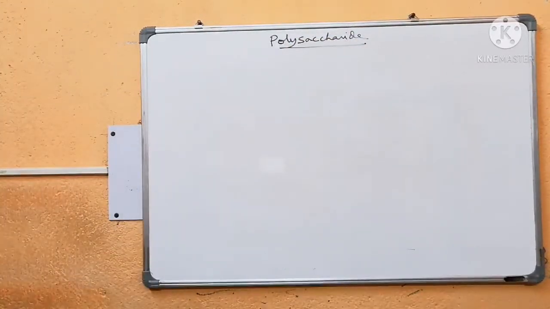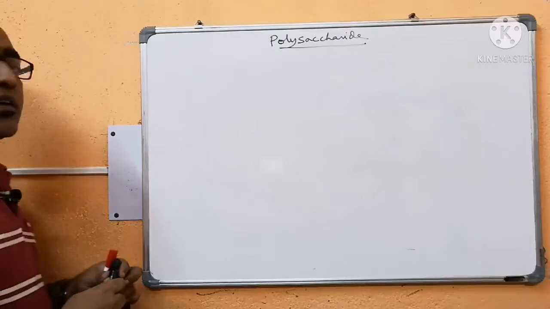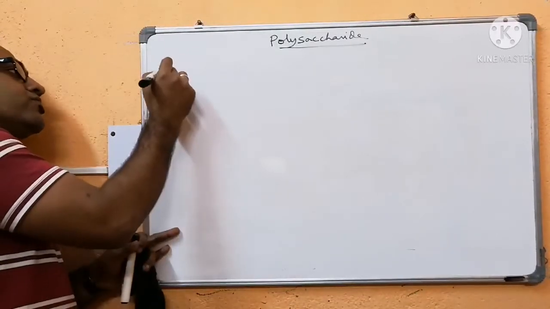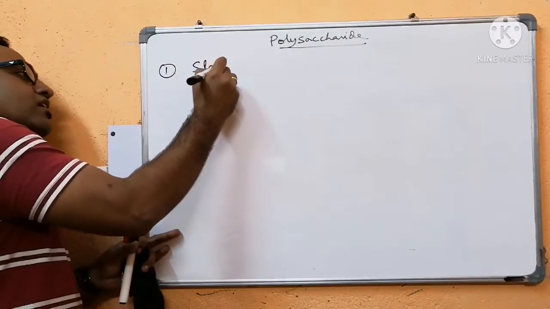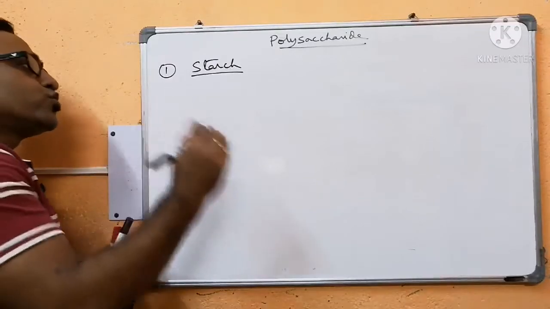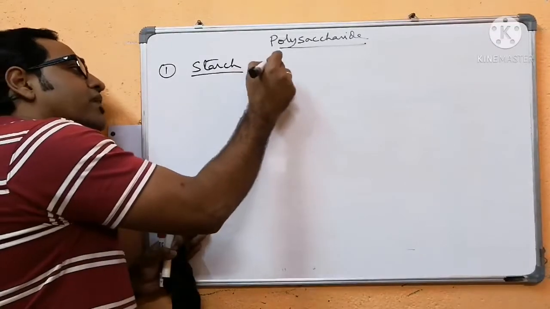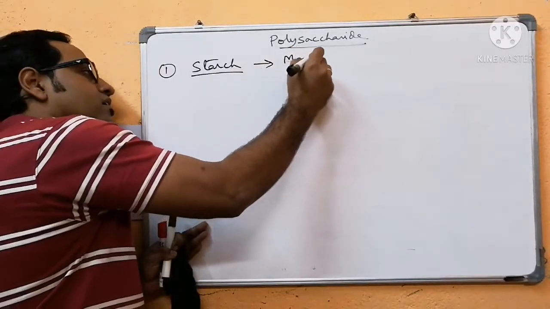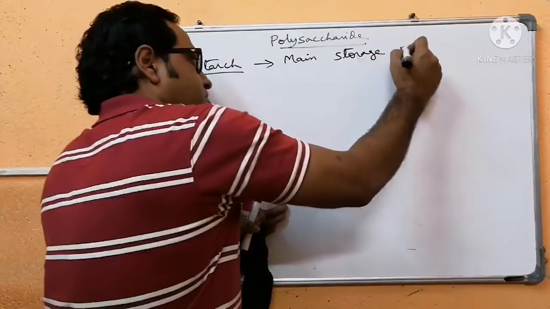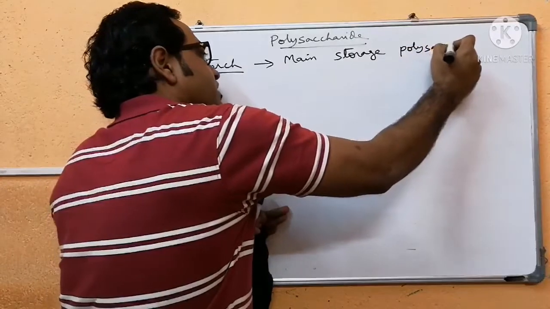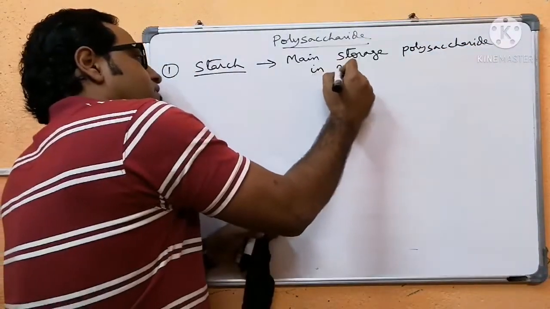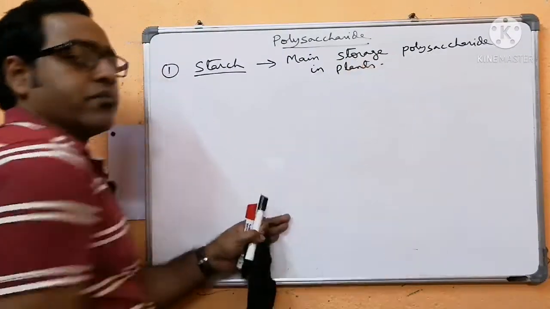Polysaccharides. Now in polysaccharides, first is starch. Starch is the main storage polysaccharide in plants.